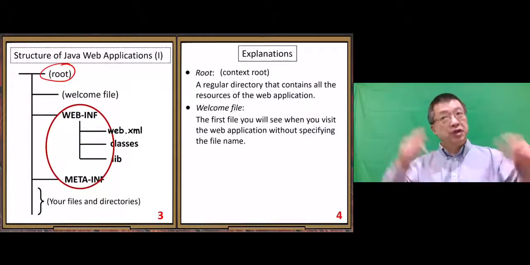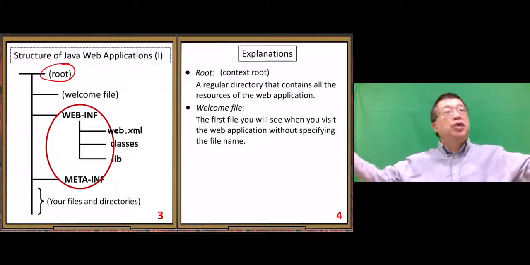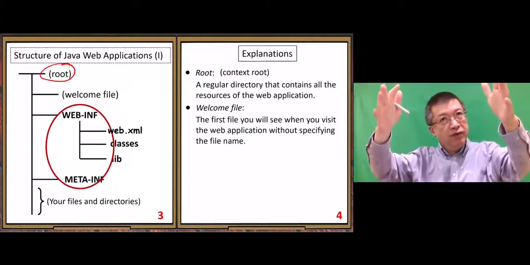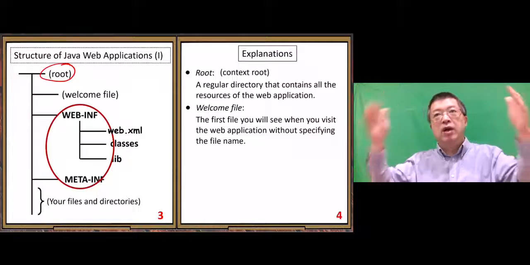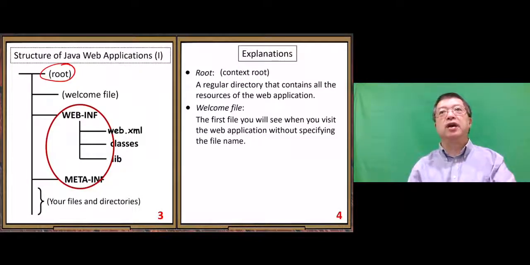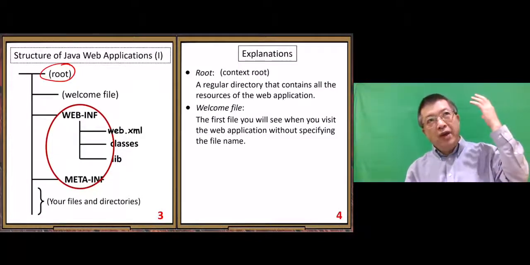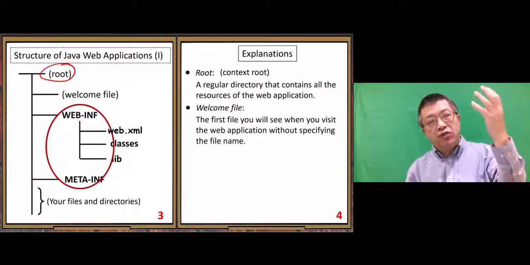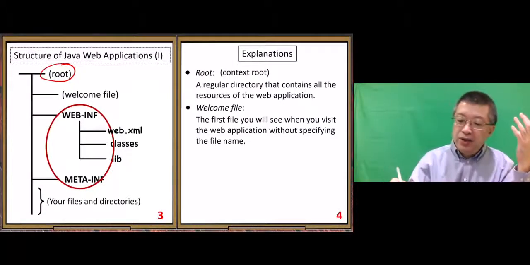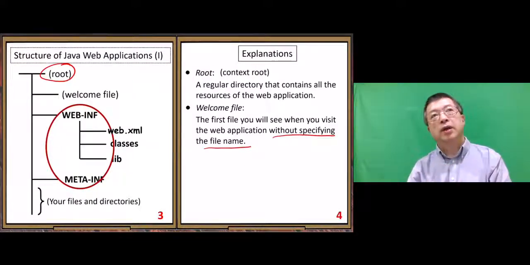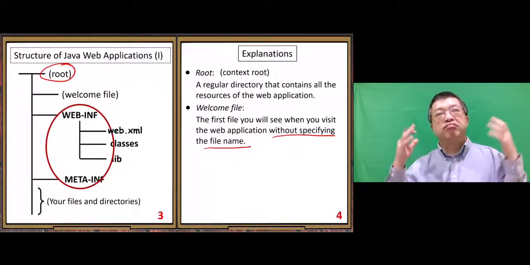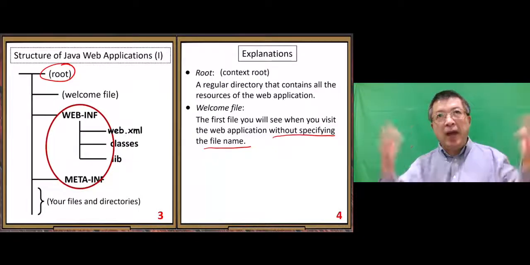After you deploy your web application, your users will visit it. The first page you show them is the welcome file. So when your users visit, they do not need to specify the file name. They just leave it blank.